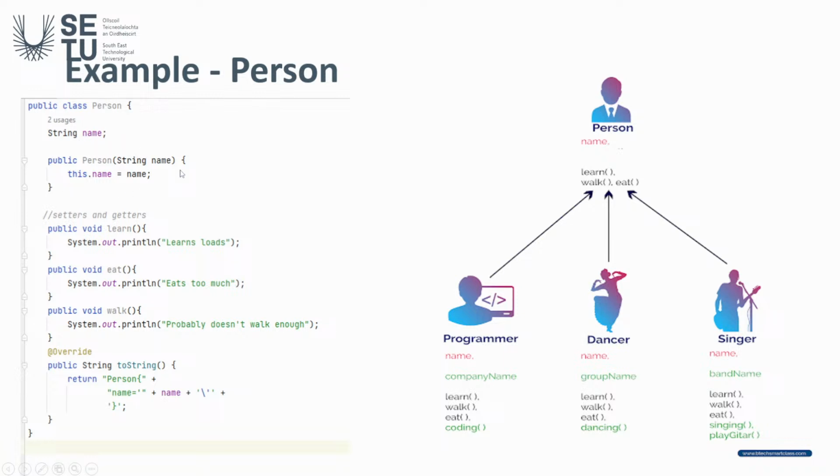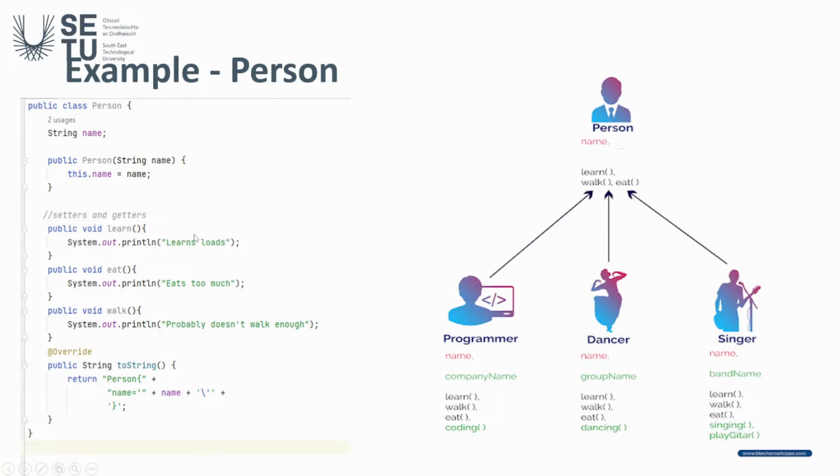Our constructor for the person, so when we create a person, we're going to construct it with a name. And then we have this idea of learn, eat, walk. We would create our setters and getters here, but I haven't added them in. And these methods here are methods that everybody has. These are all the general methods.